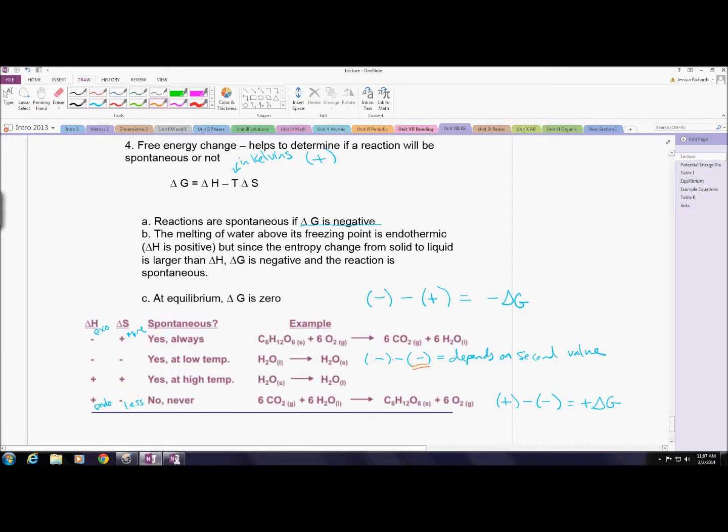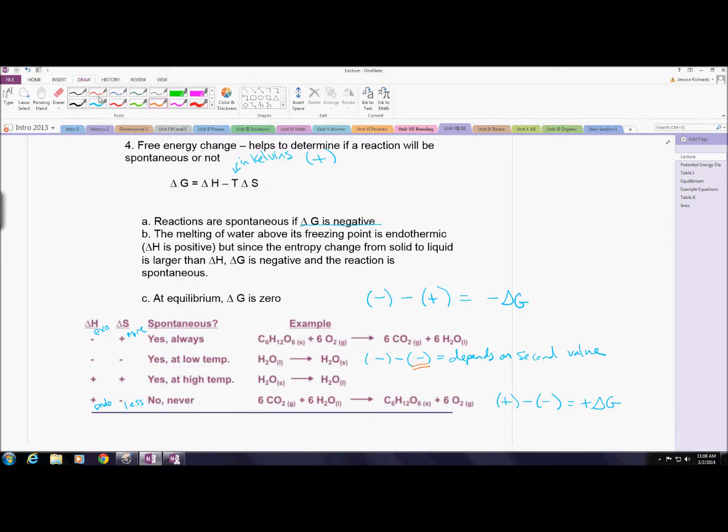Because if I have a negative number and I subtract a small negative number, it'll still be negative. If I have a negative number and I subtract a large negative number, it's going to end up as a positive delta G. So whether or not liquid water turns into solid water depends if the temperature is cold enough.